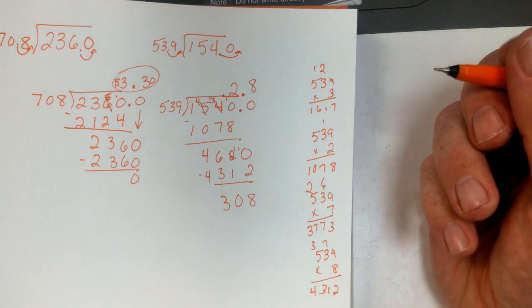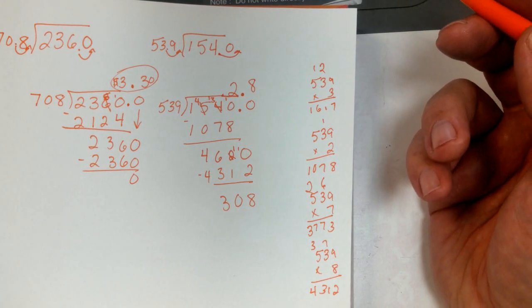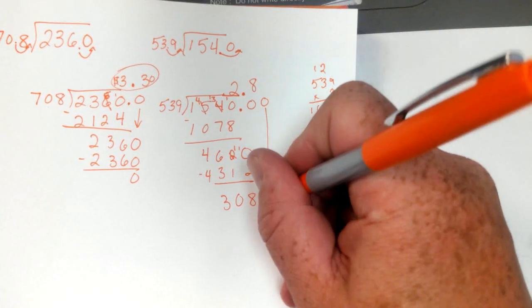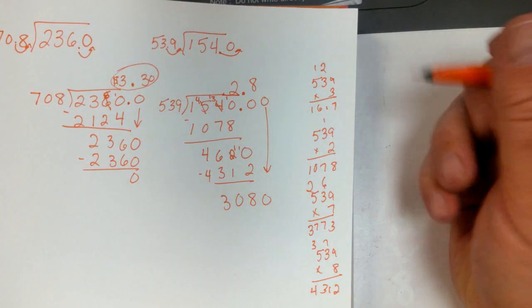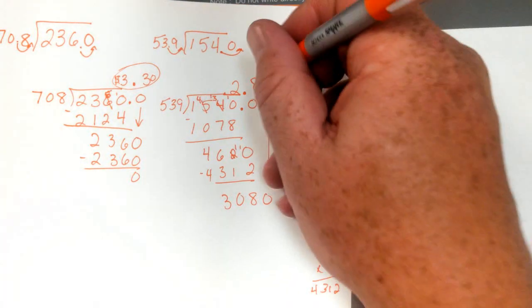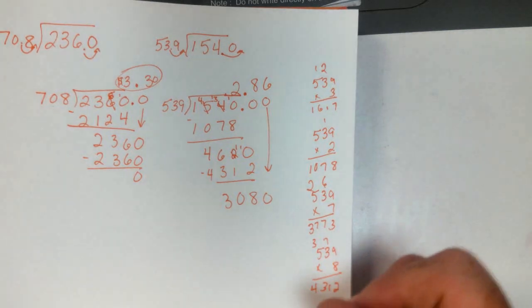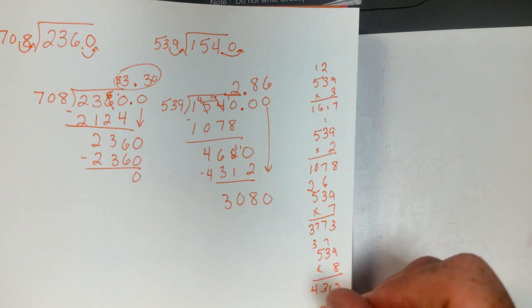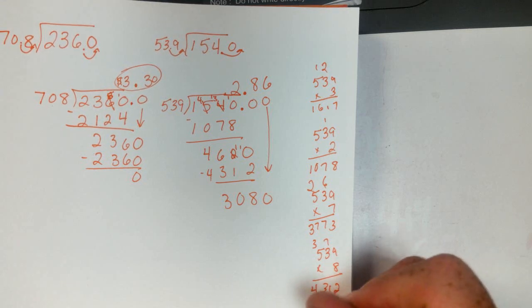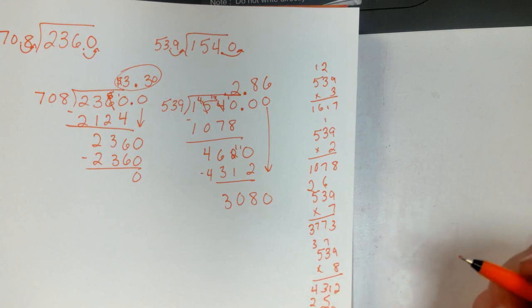I have 308 left. So I'm going to bring another 0 down. 3,080. And looks like I'm going to have to use 6 for this one. 3,080. So I've got to do 539 times 6. Holy smokes. 18, 23, 32. So 3,234.